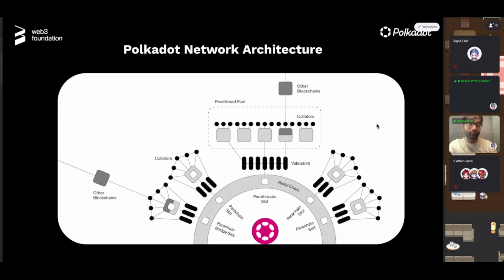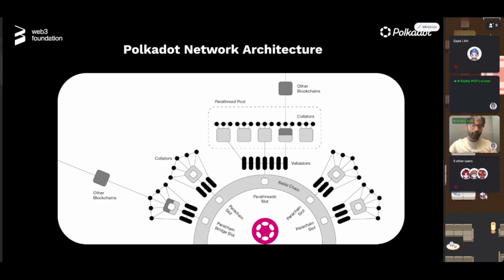So we have this architecture where there are different parachains, and the validators of Polkadot are assigned in groups to all of these individual parachains. So let's say there is a parachain where the validators are validating the transactions.